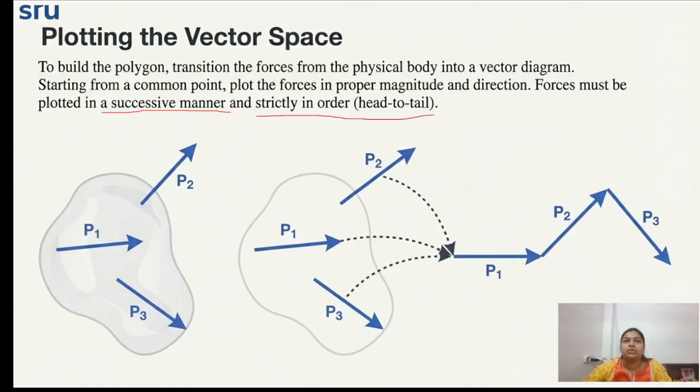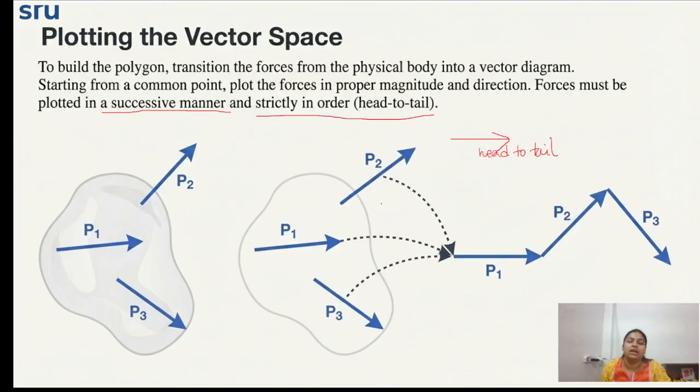tail. So if we simplify the idea, imagine a force as a vector, which we generally define by an arrow mark, and then place them head to tail.